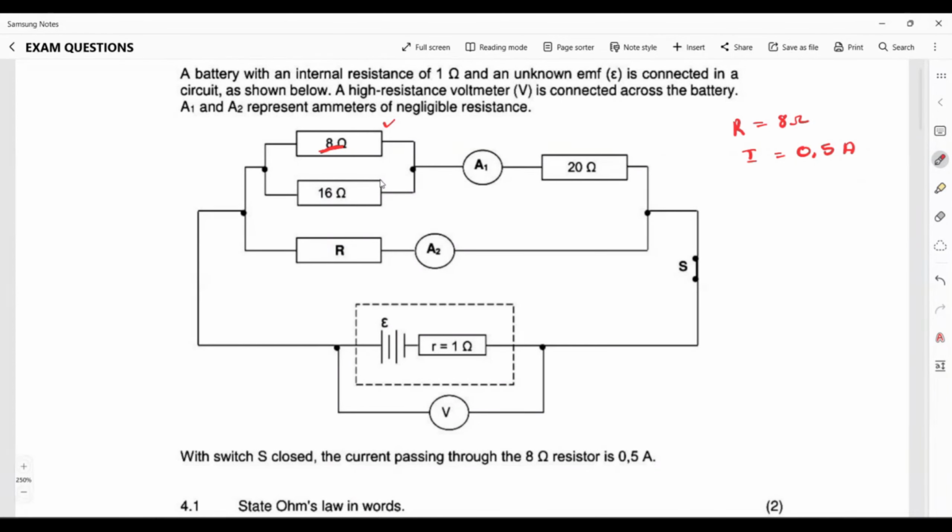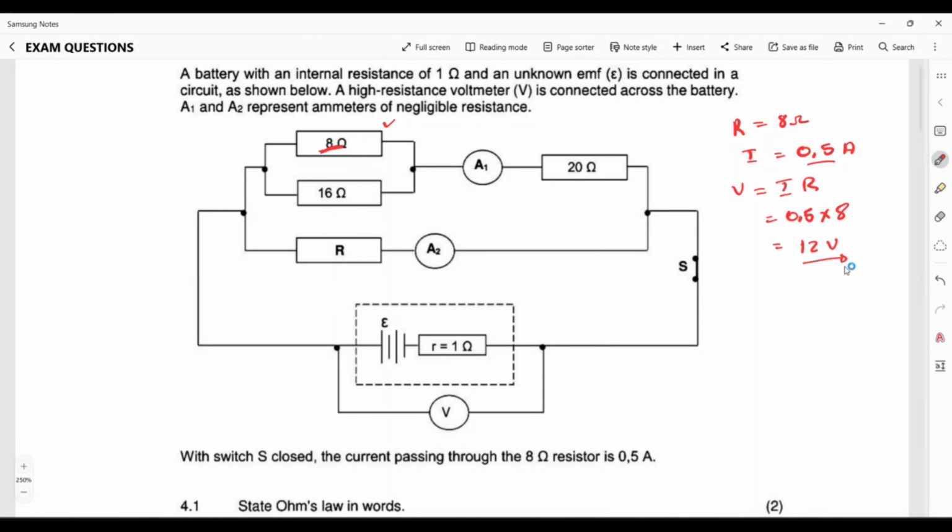So to find the voltage, V is equal to IR. What is my current? In this case, I have 0.5. And what is my resistance? It's 8. What answer do I get from the calculator? 12. It's going to be 12 volts.